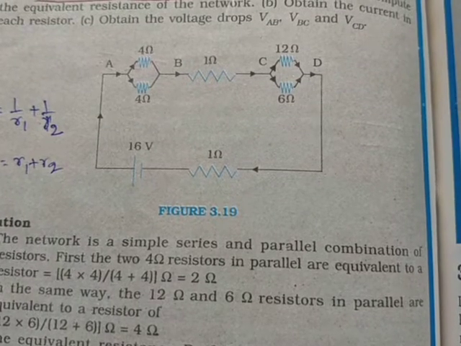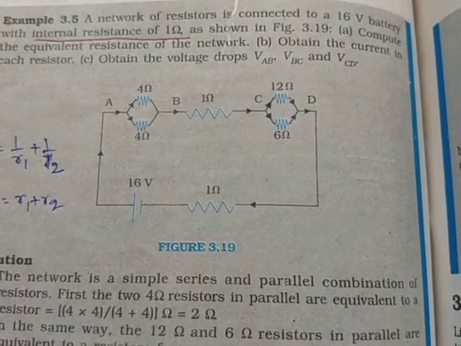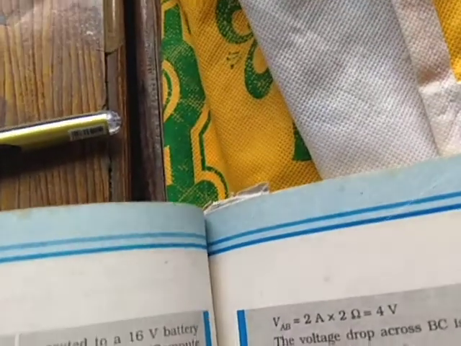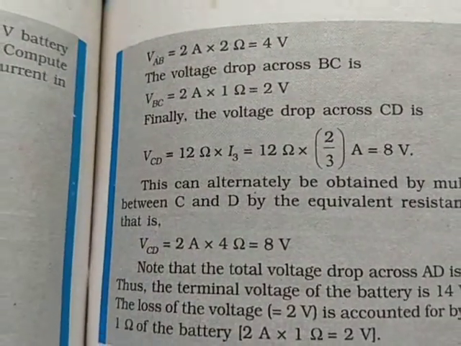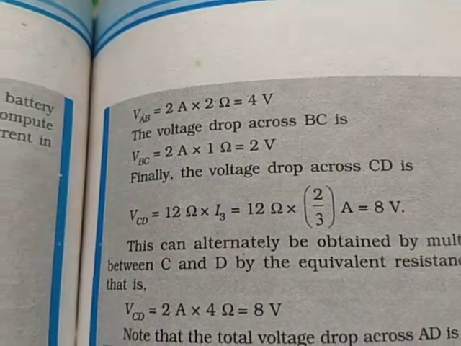and then across BC, 1 ohm is the resistance between B and C. Current of 2 ampere is passing through it, therefore potential drop across BC will be 2 into 1 ohm, that is 2 volt. And finally the potential drop across CD can also be calculated in the same way.